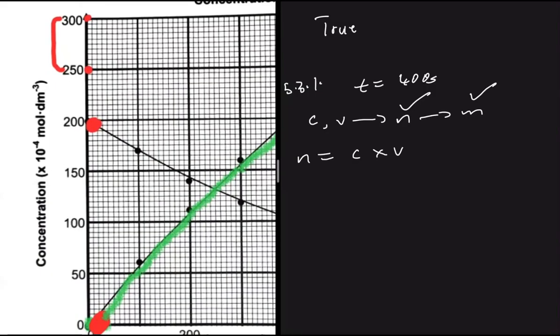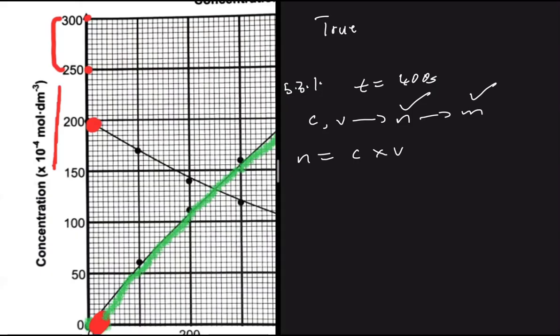We have the concentration, and the SI unit is times 10 to the minus 4 moles per decimeter cube. So the concentration is actually not 200, but 200 times 10 to the minus 4, right? I hope you didn't make that mistake, because the first time I tried solving this problem, I actually made that mistake and took the concentration as 200 instead of 200 multiplied by 10 to the minus 4.